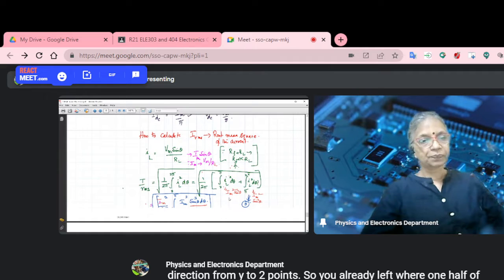So now how do you write this? I am writing Im sin theta instead of IL as the load current. These are small letters I have been telling you about. The small or lowercase letters indicate the instantaneous values of the current or the voltage.